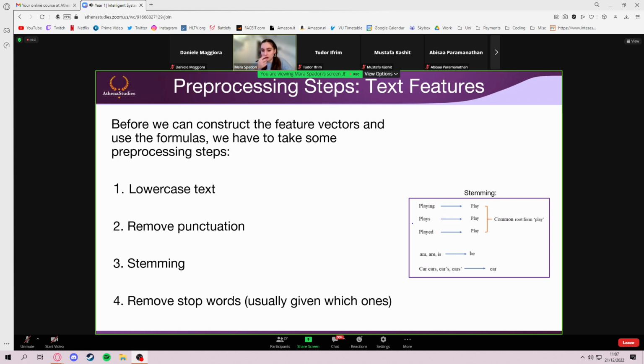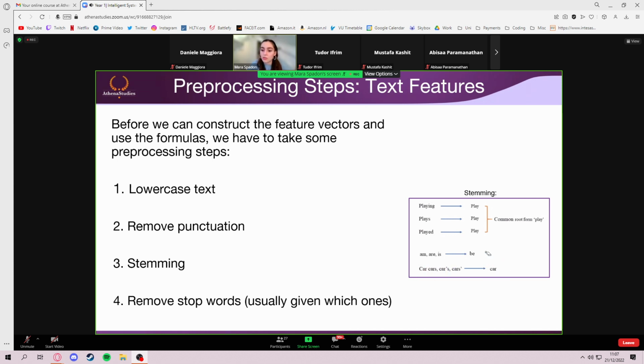But stemming in this case is you take the kind of the root form of the word. So you have the word playing, plays, played. The common root form is play, and for a verb, so am, are, is, you just take the word be. Same with capital letters or apostrophes or stuff like that.